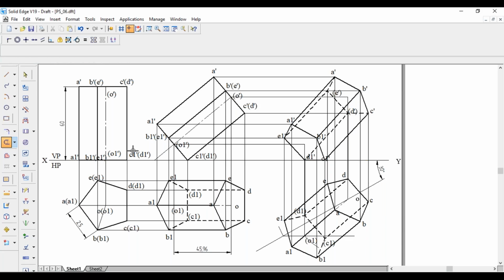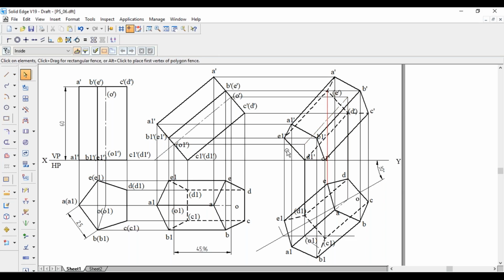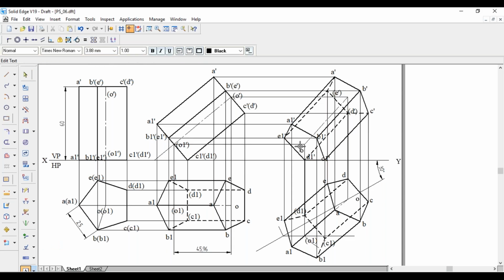The axis is not coinciding with any other edges. Show the axis line. As bottom face is visible, O1 dash is visible. This is O1 dash. Top face is partially visible, so it should be in the bracket. In the bracket O dash.